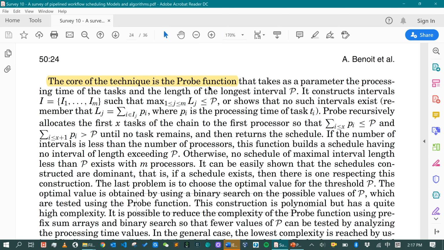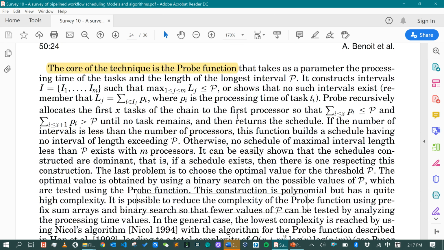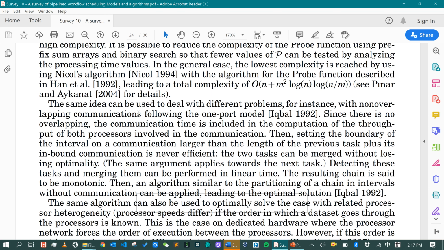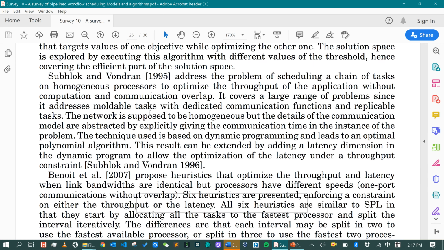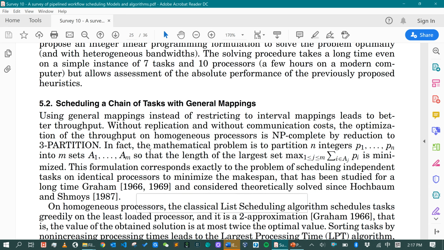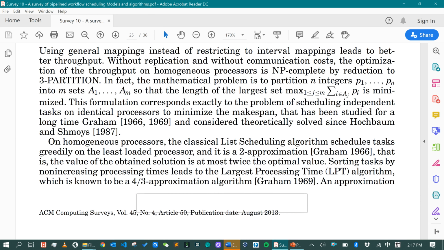They also introduce the core functions of these scheduling algorithms. You can see it goes through different categories in grid computing, and this section has a similar structure to the previous section.